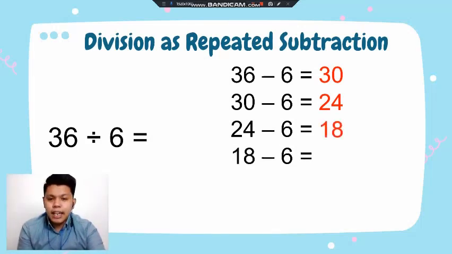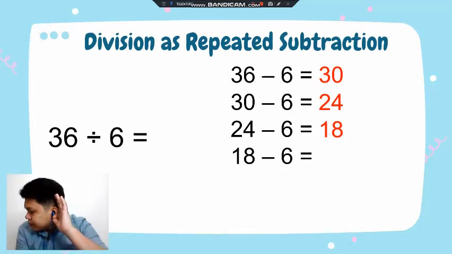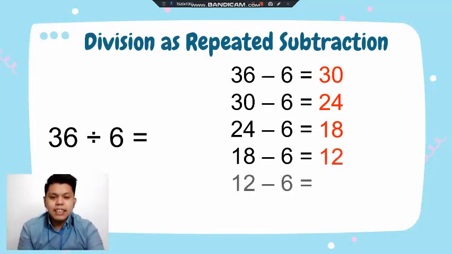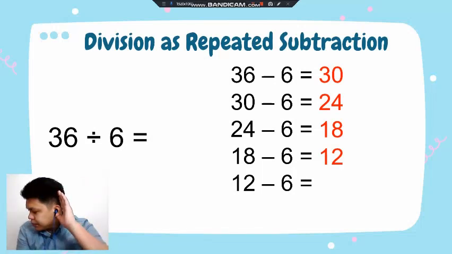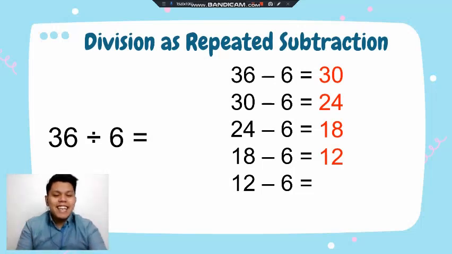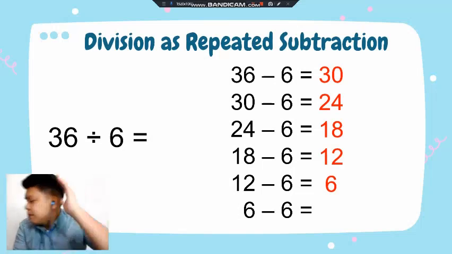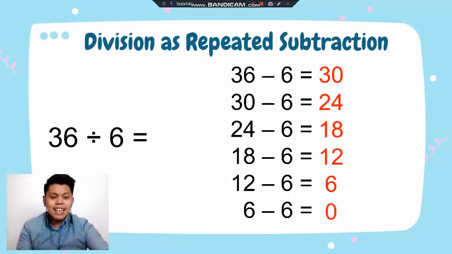Continue. 18 minus 6. Excellent. That is 12. Now, repeat again. 12 minus 6. Great. It's 6. Now, 6 minus 6. 0. So that is our last one.